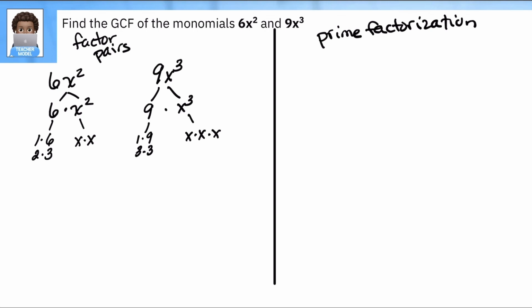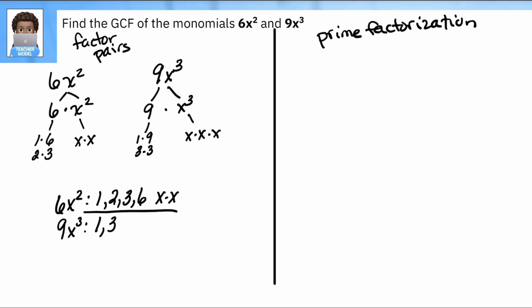Now, this is where you can list all your factors, almost like a factor rainbow. Just list them out. So here's 6x squared: 1, 2, 3, 6, and x times x. And for 9x cubed, the factors are 1, 3, 9, and x times x times x.